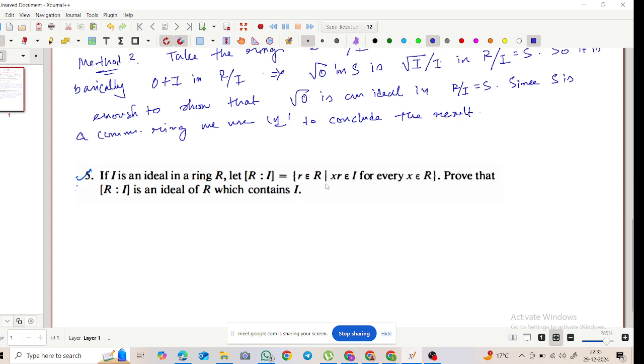So they try to show that this is an ideal. Okay, let's prove this.